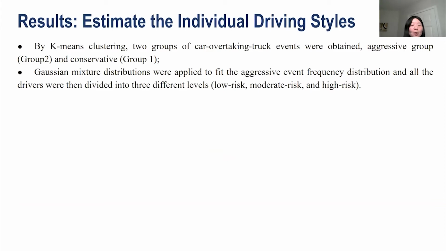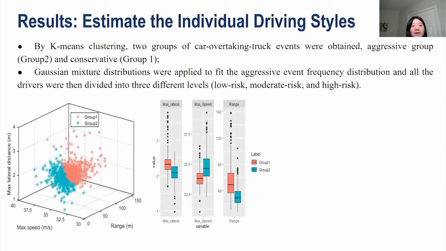So one of the results is that the first step in this algorithm is we used k-means clustering as well as the Gaussian mixture distribution to categorize and estimate the individual driving styles. By using k-means clustering, we have identified 2 groups of drivers.